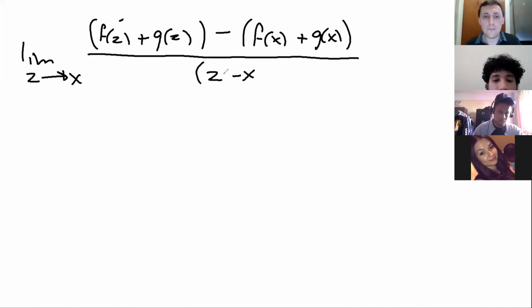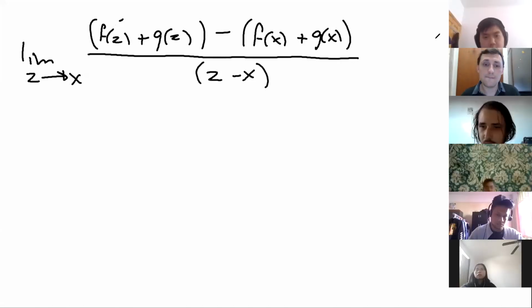Now, what pattern am I searching for here to establish my formula? I'm searching for something that represents the derivatives of the known functions, because I'm trying to communicate the new derivative in terms of old derivatives. So I'm searching for f prime and g prime. Isn't it clear? If I want a formula for the derivative of the new function in terms of old functions, I need to find f prime and g prime.